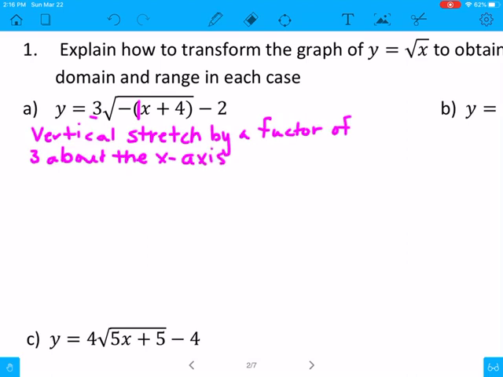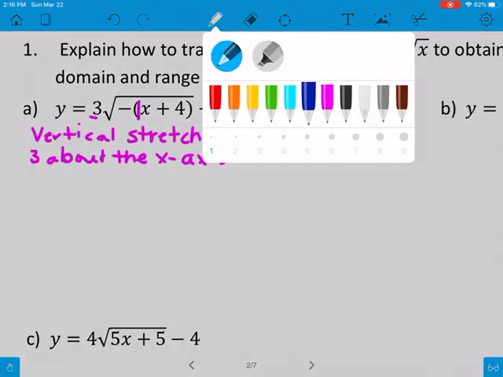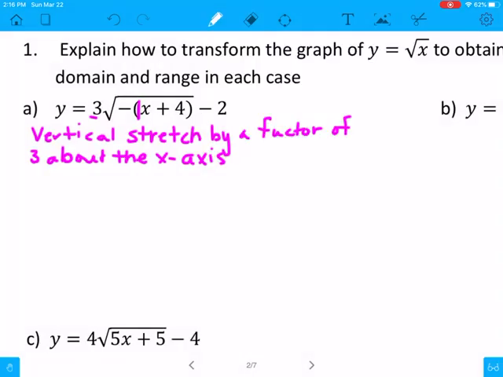I have no horizontal stretch because I have no number in front of this x in the bracket. I do have a negative in front though. That negative is a reflection. If it's underneath the square root, it's with the x. So I have a reflection in the y-axis because it's with the x. And then I have no other reflection because this 3 here is positive.